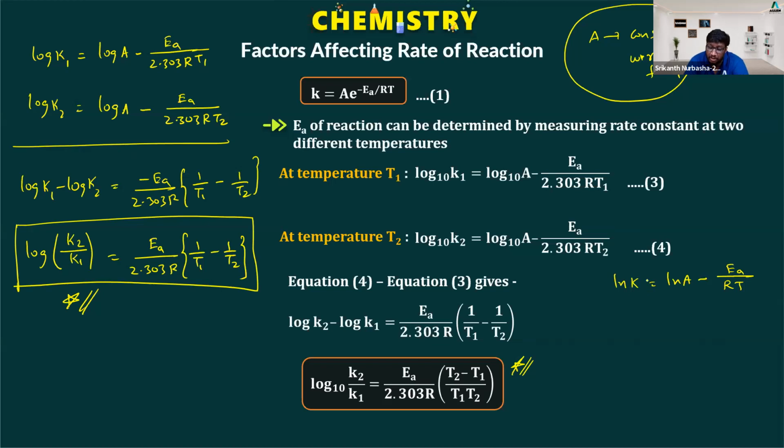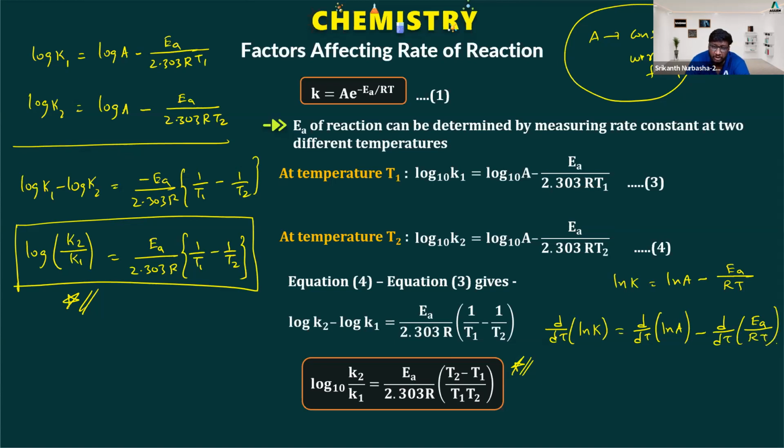So with that knowledge, can I do the differentiation now? Differentiate this with respect to temperature. So d by dT of ln K is equal to d by dT of ln A minus d by dT of Ea by RT.